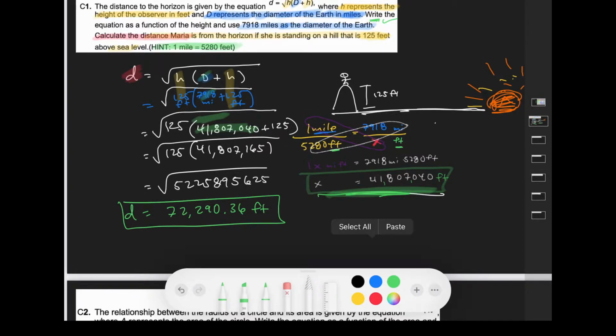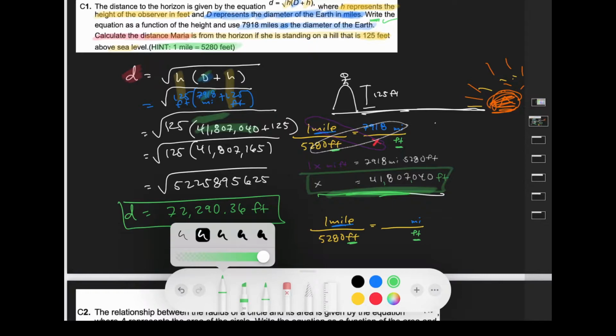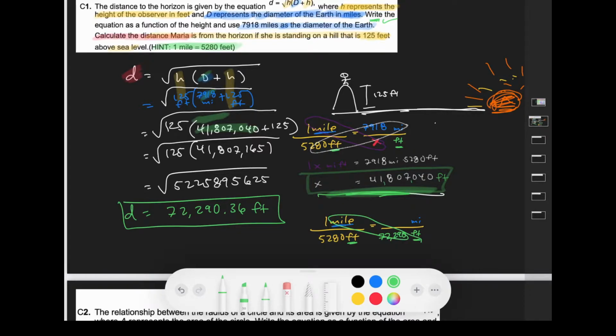Erase things you don't want. Okay, so how does this thing work? Let's say you want that 72,290. You can cross multiply. That would just give you this number. And just multiply this one, put an x there.